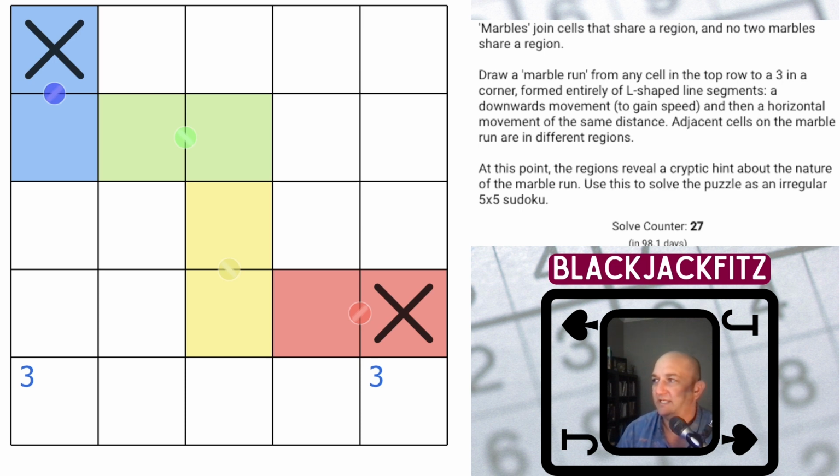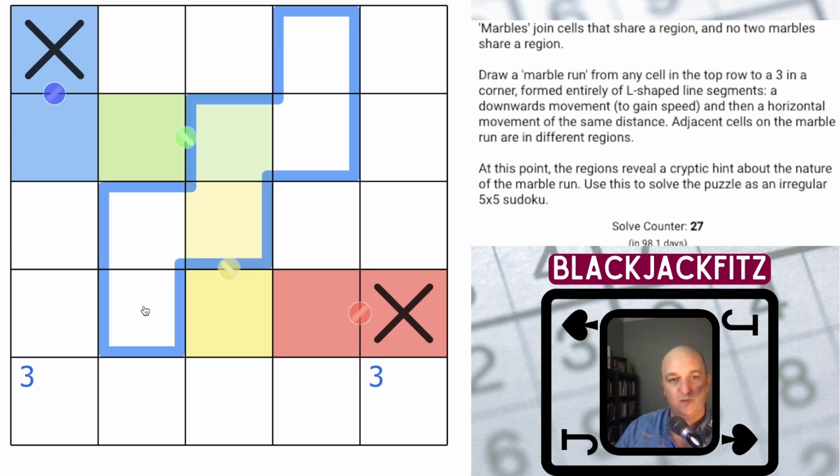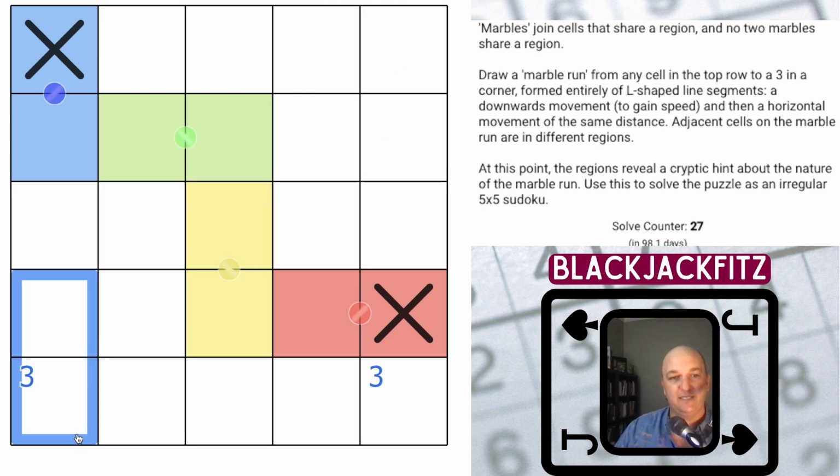Okay, so I'm seeing Helio in the chat saying the path travels along an even number of cells. It goes down and then horizontal an equal number of times. So like 1, 2. Oh, sorry. 1, 2. 1, 2. Okay, so then it does need to make a so it can't come down here.